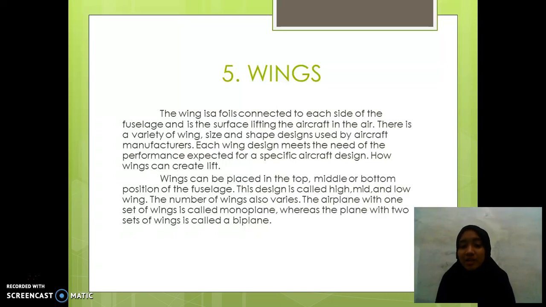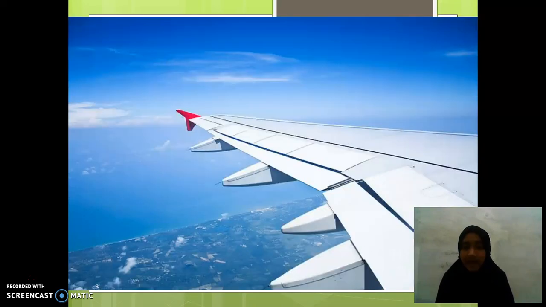Wings can be placed in the top, middle, or bottom position of the fuselage. This design is called high, mid, and low wing. The number of wings also varies. The airplane with one set of wings is called a monoplane, whereas the plane with 2 sets of wings is called a biplane. And this is the picture of wings.